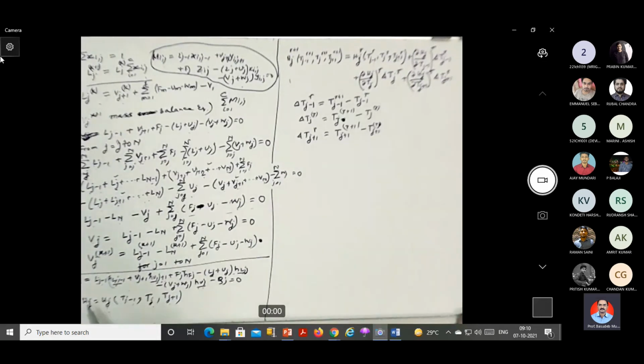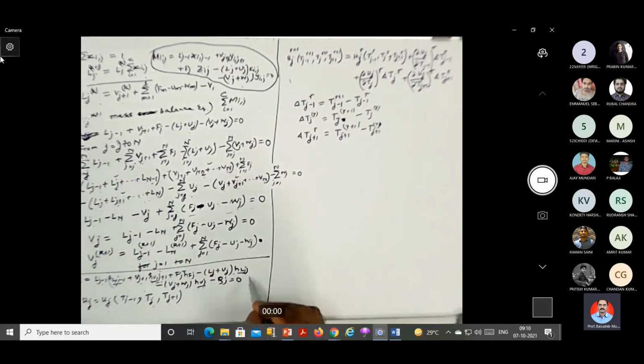Similarly, when you take the derivative of delta Hj with respect to Tj plus 1, okay, which variable is there for Tj plus 1? This one, Vj plus 1. Only this variable is a function of Tj plus 1. Other variables are not functions of Tj plus 1. So the derivative of delta Hj with respect to Tj plus 1 is equal to Vj plus 1 into delta HVj plus 1 over delta Tj plus 1.